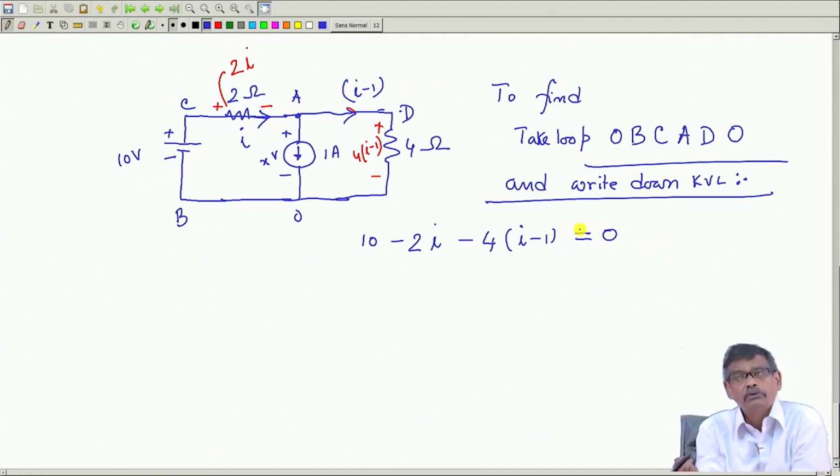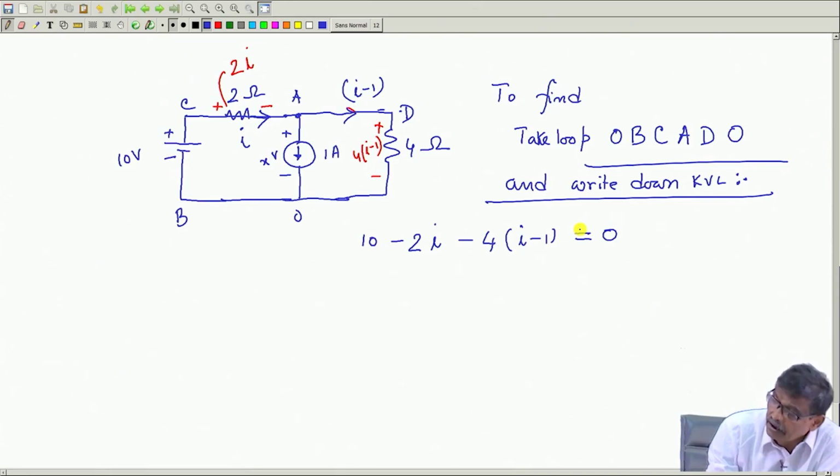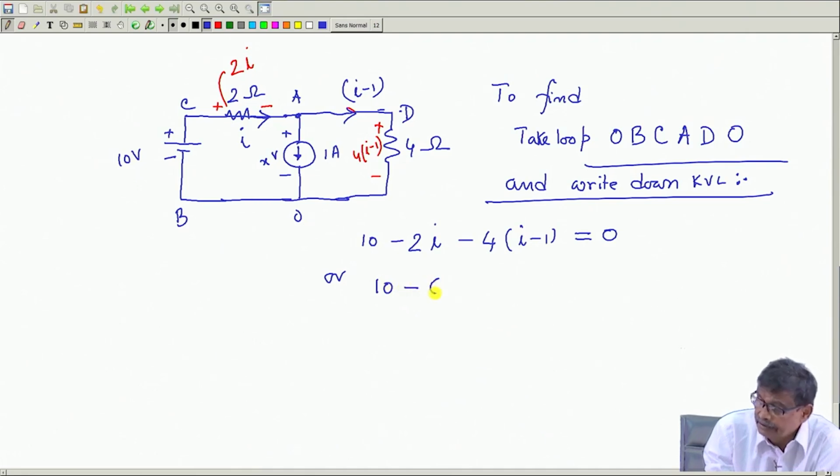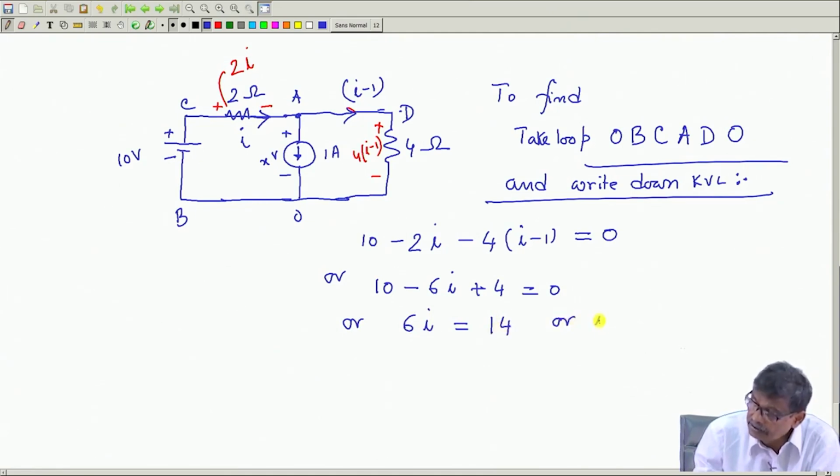So, here is one unknown, one equation. I just solve this equation. So, 10 minus 6I plus 4 is equal to 0, or 6I is equal to 14, or I is equal to 14 by 6 ampere.